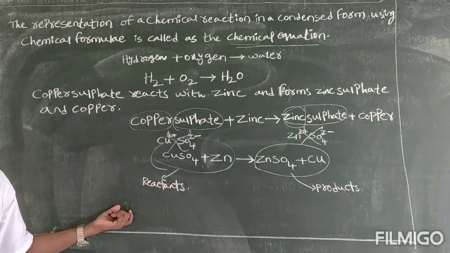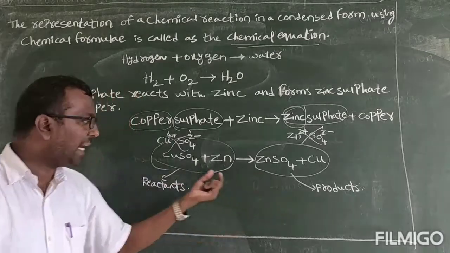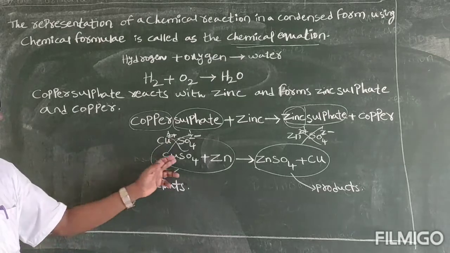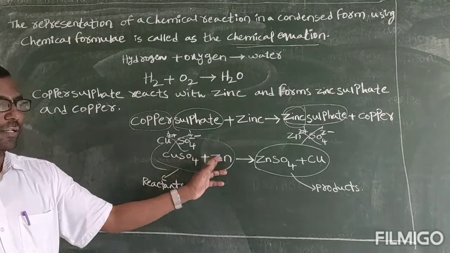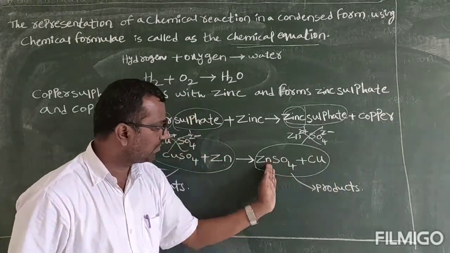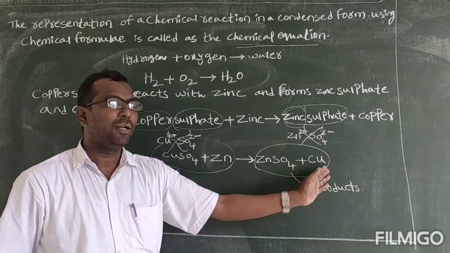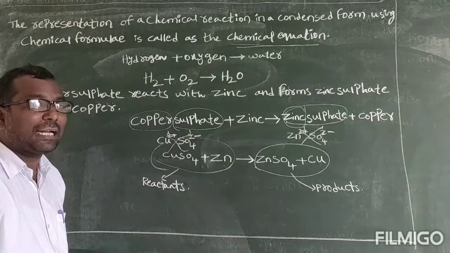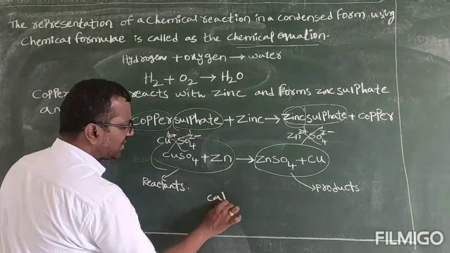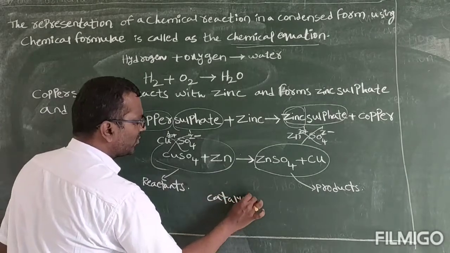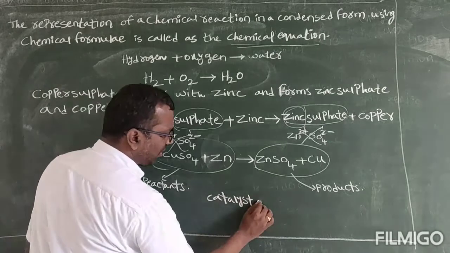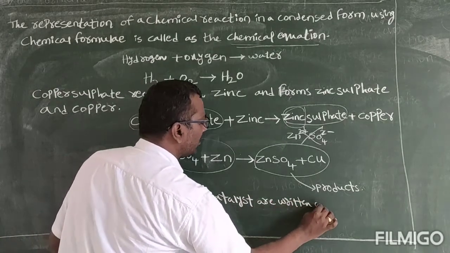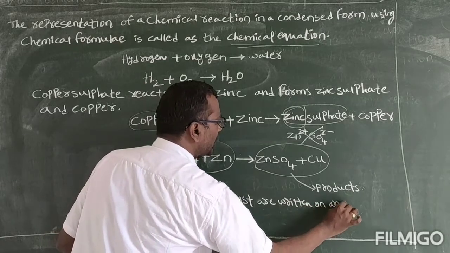So reactants react to give products. Here what are the reactants which are written on the left hand side? That is copper sulfate with zinc. And what are the products? These are the products. If anything is written on the arrow, that is catalyst. Catalysts are written on arrow.